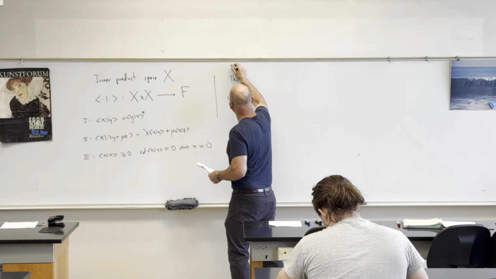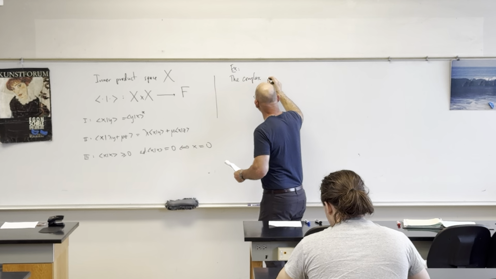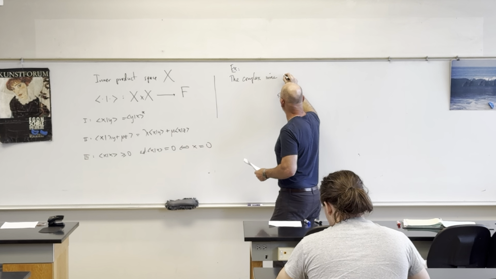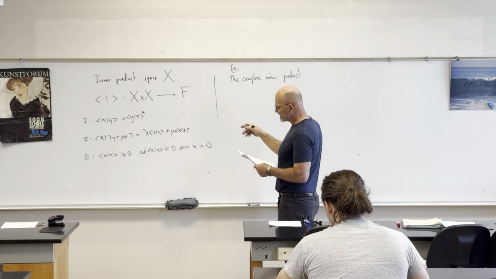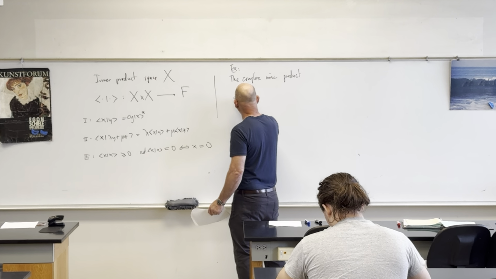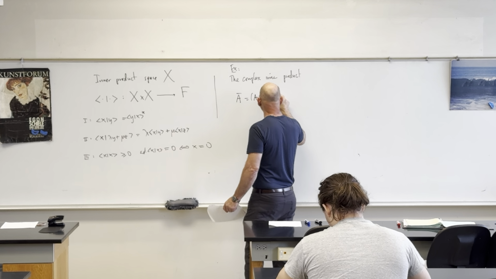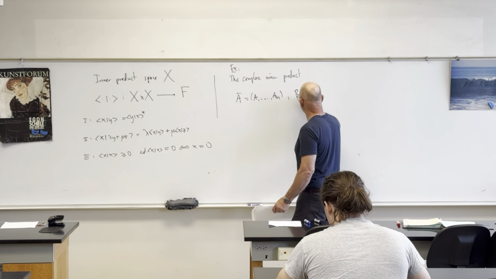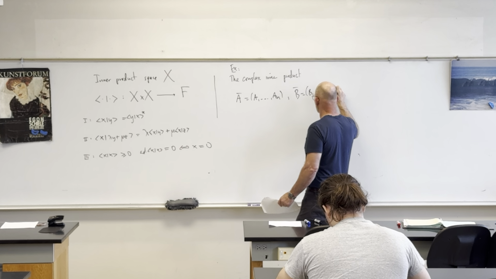So for the example, we'll do the complex inner product that we saw before. And I think I have to reverse the order to satisfy this set of axioms. So we're going to take a, a1 to an, and b, b1 to bn.